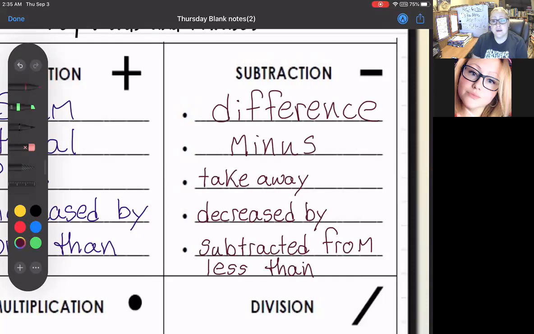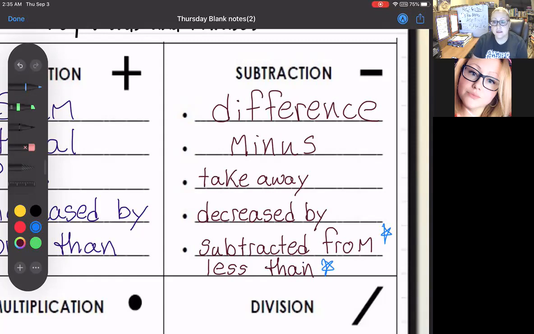Like something like 10 less than 5. Well, 10 less than 5. Let's subtract. But those are a little tricky, so I want you to put a star next to less than and subtracted from, because you have to pay attention to the order that it says, okay?